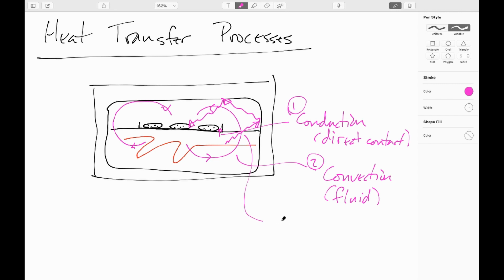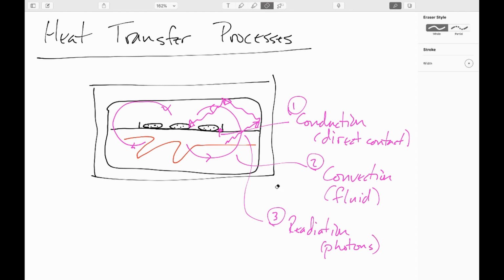And this is by radiation, which is the least efficient method of heat transfer. But it's important enough that this is why you need to keep your oven clean.